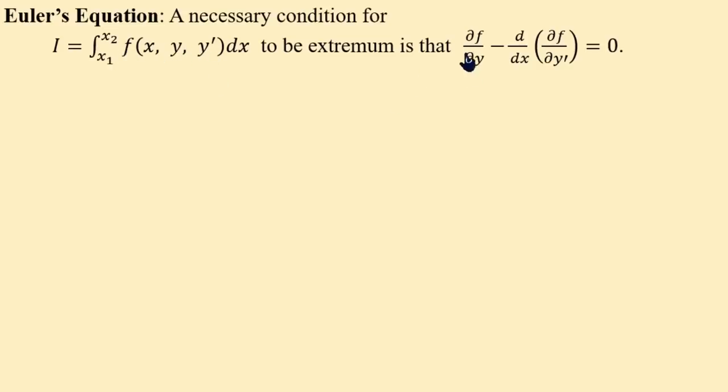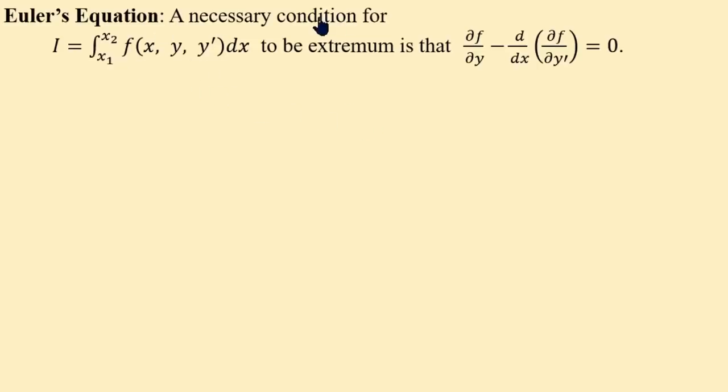Differentiate f partially with respect to y, treating x and y dash as constant, minus d by dx, the total derivative of dou f by dou y dash, the partial derivative of f with respect to y dash, treating x and y as constant. This is equal to 0. This is Euler's equation. That means if f satisfies this condition, then you are able to find the curve y, along which I becomes extremum, either maximum or minimum.